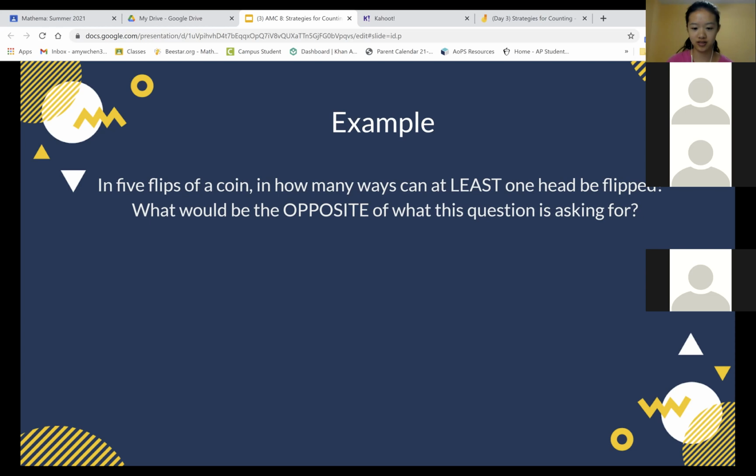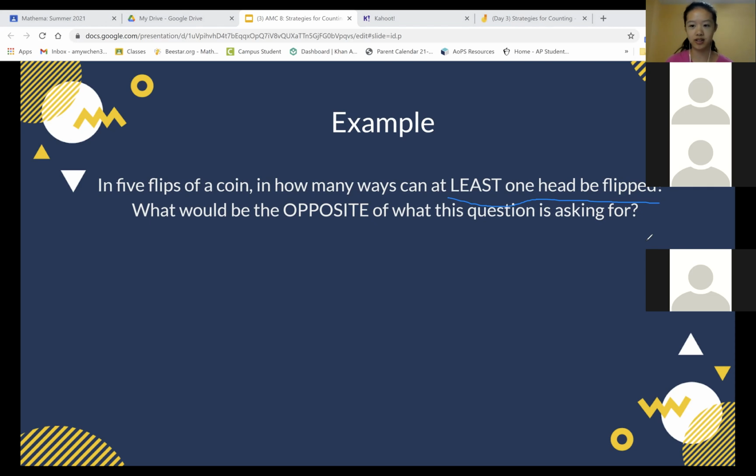Would it be in 5 flips of a coin, in how many ways can at least one tails be flipped? Or at most one head can be flipped? Close.